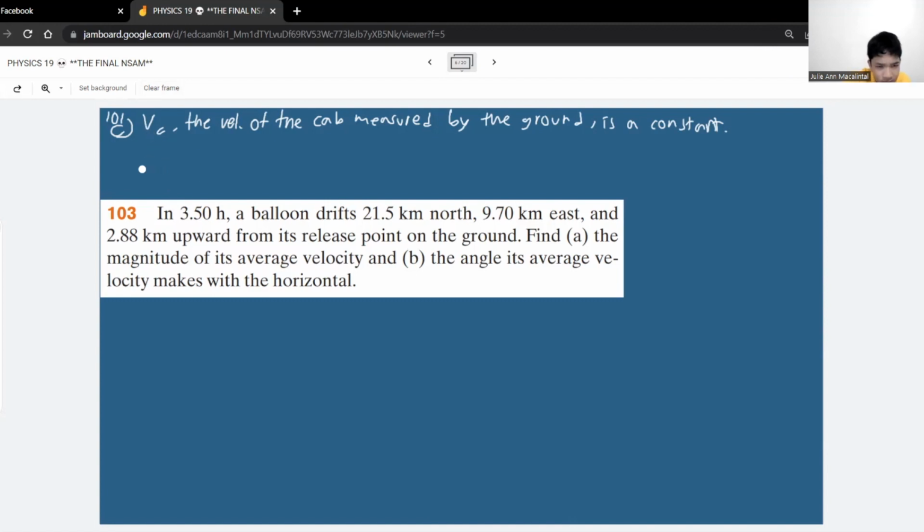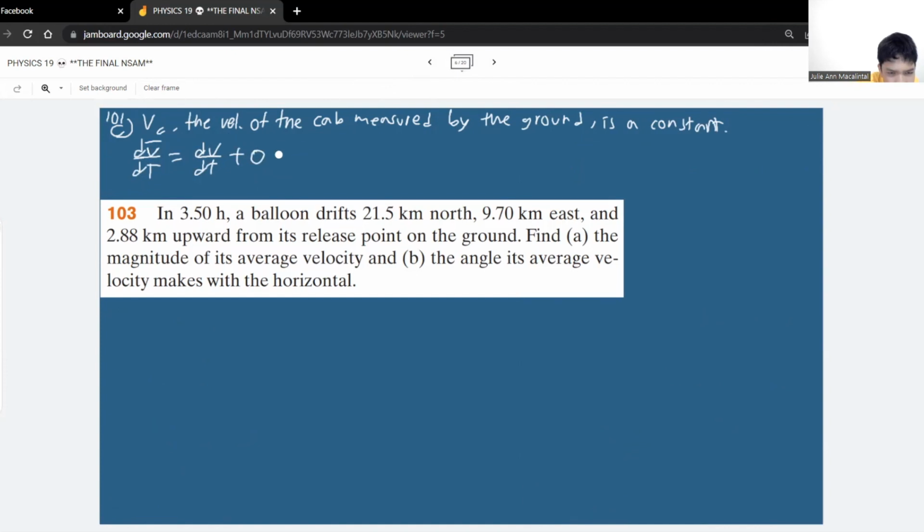So yung velocity, so dv bar dt equals, di ba, dv dt. Tapos yung derivative ng v sub c ay, yeah.